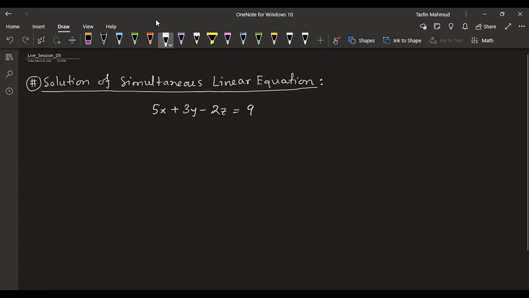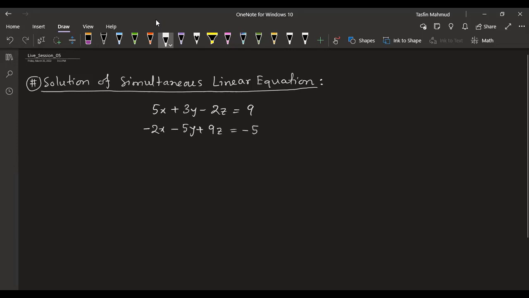So we need three equations at least, right? We need three linearly independent equations. So let's assume the second equation is minus 2x minus 5y plus 9z equals minus 5.